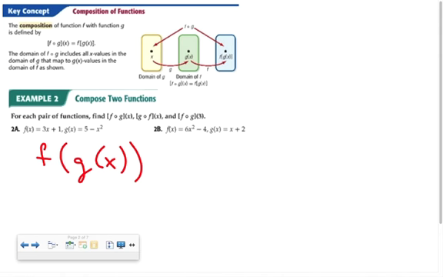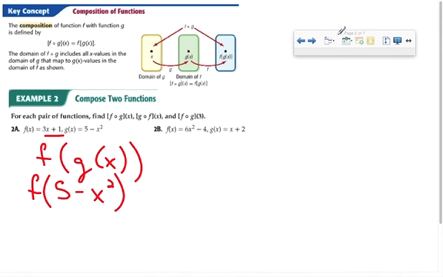So I'm going to take the f of g of x, which means I'm going to take g of x and plug it in for x. So I'm finding the f of 5 minus x squared. And now I'm going to take that 5 minus x squared and plug it in for x in this function.